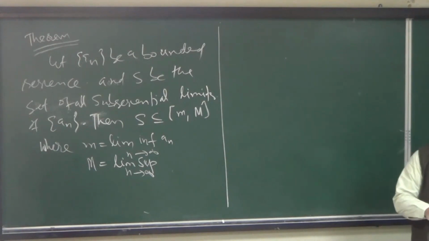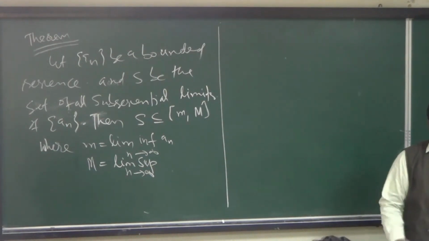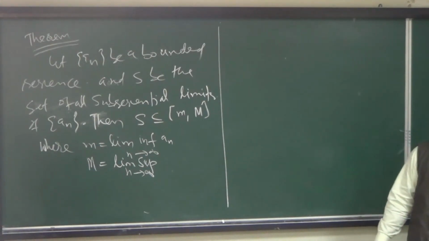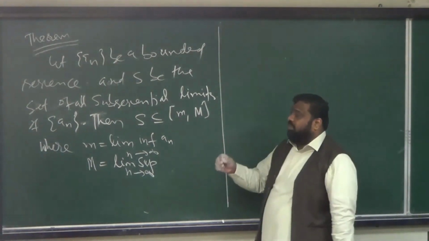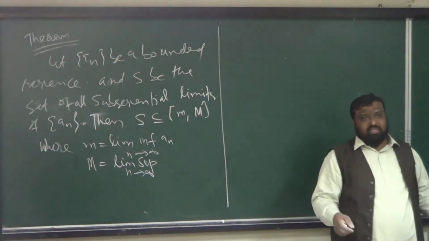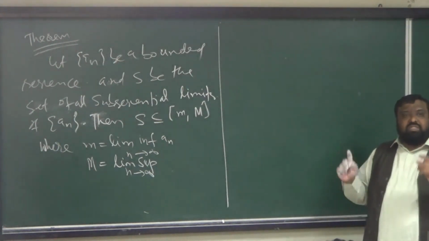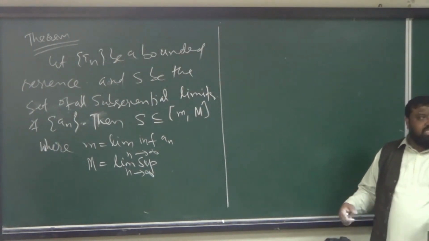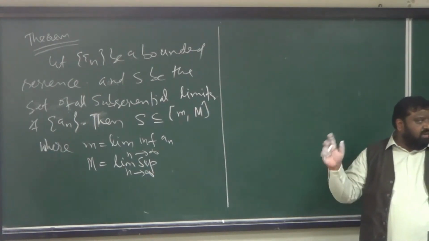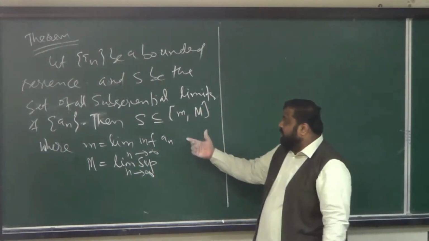Is it an interesting piece of information about the sequence? Is it necessary that every bounded sequence should converge? It's not necessary. But it must have convergent subsequences. Those subsequences are going to converge to some numbers. We are saying that all those numbers you can find in this interval.